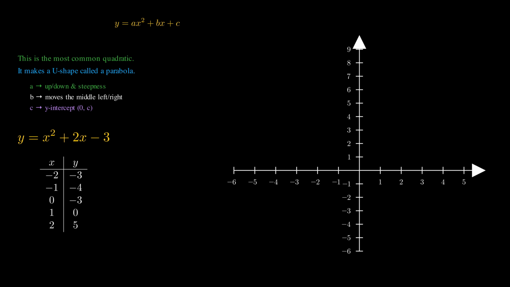That gives y equals negative 3. I plug in x equals negative 1. That gives y equals negative 4. I plug in x equals 0. That gives y equals negative 3. I keep repeating this until my table is done. Now I plot each point on the graph.